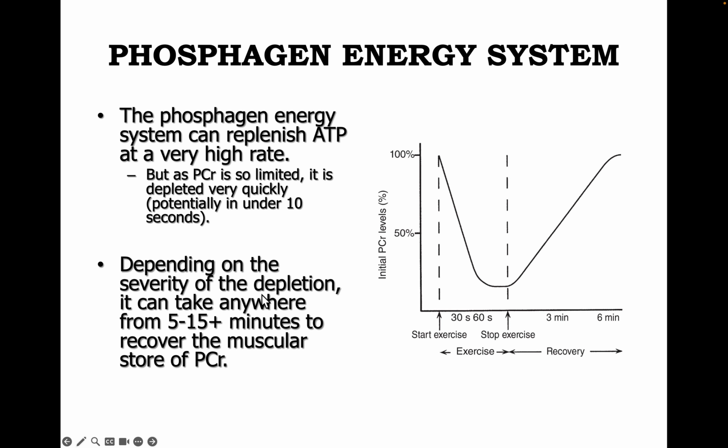Depending on the severity of the depletion of phosphocreatine, it can take anywhere between 5 to 15 or more minutes to recover our muscular stores of phosphocreatine. So phosphocreatine can be used very rapidly to create ATP, but it takes 5 to 15 minutes to restore our phosphocreatine storage in our muscles.